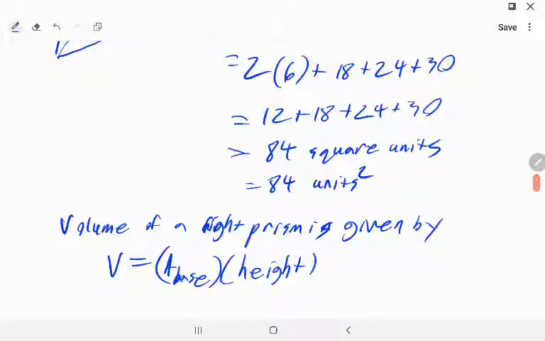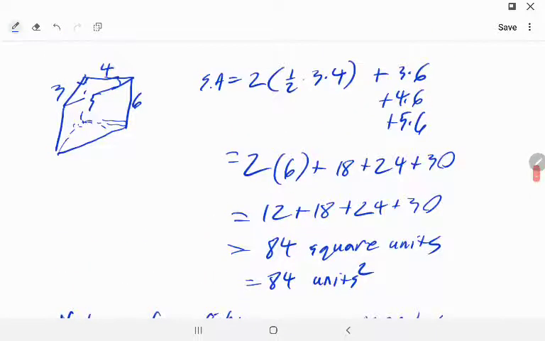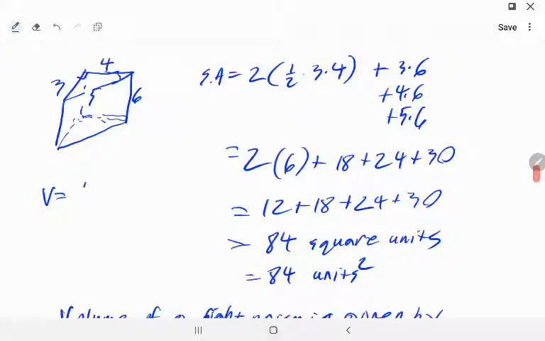For this prism, the volume is going to be 1/2 times 3 times 4 multiplied by the height of 6. And so we get 6 units times 6 units, which is 36 units cubed.